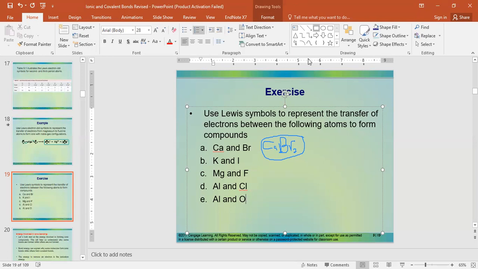Maybe if I can very quickly give the chemical formula for the species formed. This one I have said is calcium bromide, CaBr2. This one is potassium iodide. This one is MgF2.